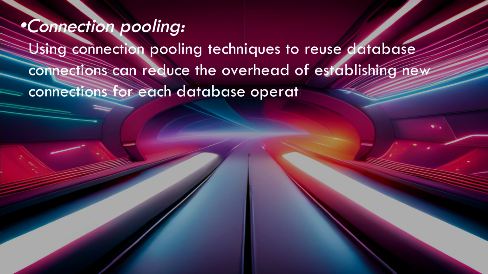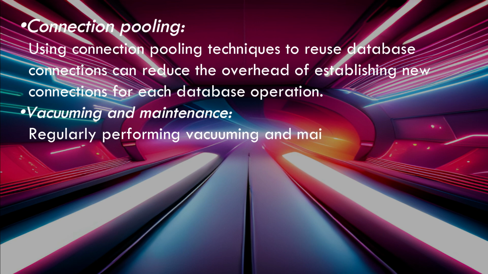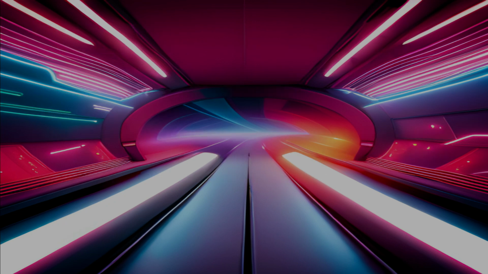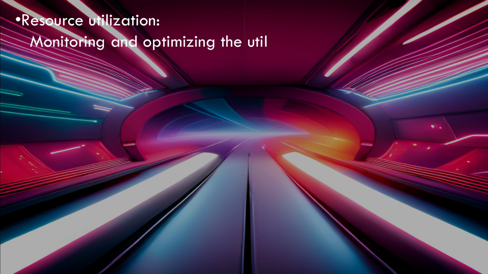Vacuuming and maintenance. Regularly performing vacuuming and maintenance operations, such as vacuum, analyze, and reindex, can help maintain the integrity and performance of the database. Resource utilization. Monitoring and optimizing the utilization of system resources, such as CPU, memory, and disk I/O, can also impact PostgreSQL performance.